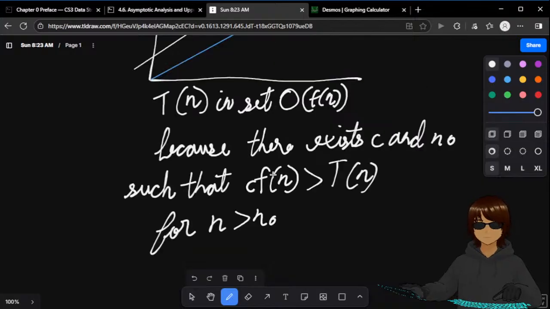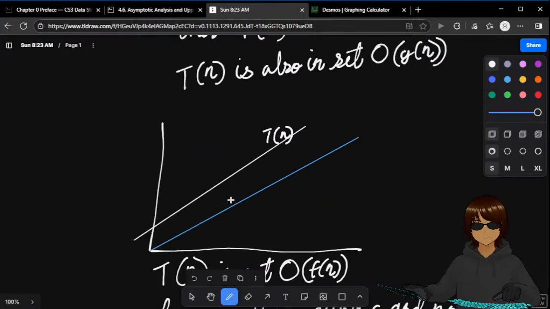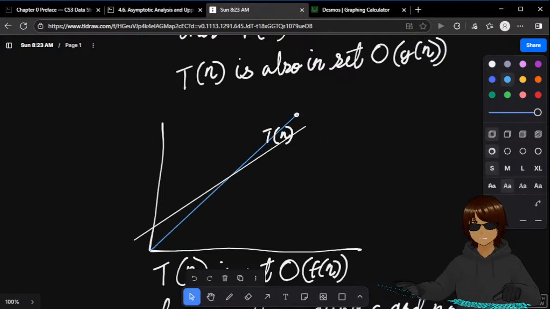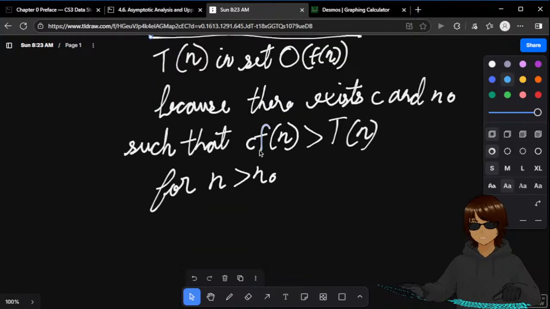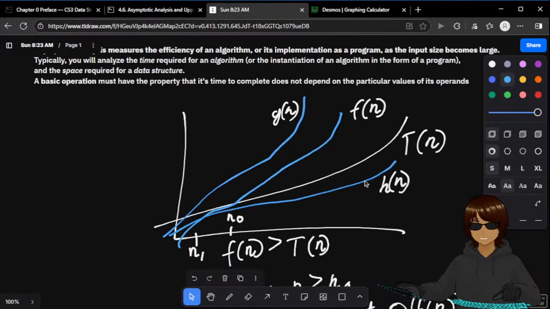Like after some cutoff point, we are allowed to use a constant to make the functions steeper. After some cutoff point, this function will become more than T(n) for all n. So constant c, same for this h of n.